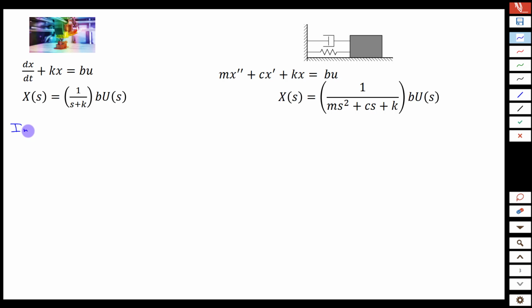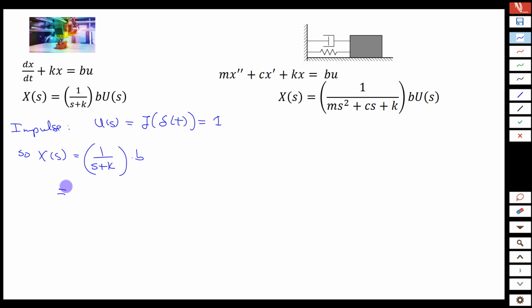If we do the impulse, that lets our u of s equal the Laplace transform of a delta function, which we just said was equal to 1. So our x of s is equal to 1 over s plus k times b, which tells us that we're going to get our behavior x of t equal to a constant times the natural behavior of the system.